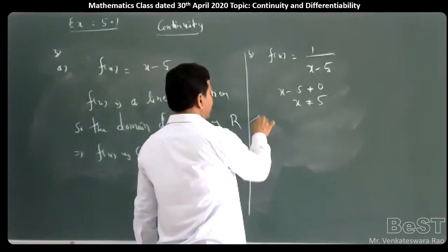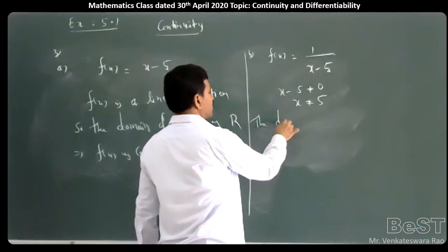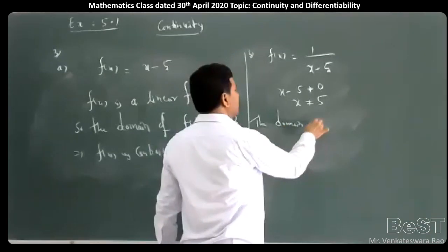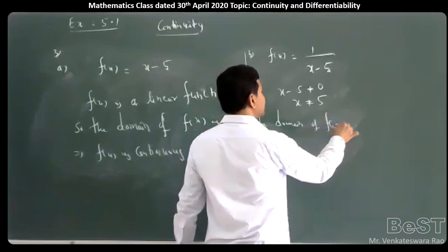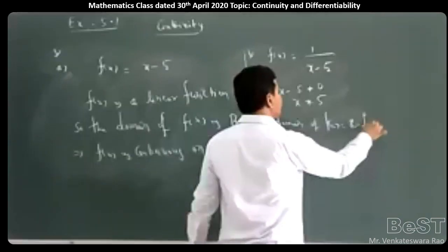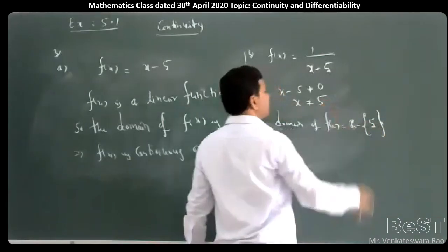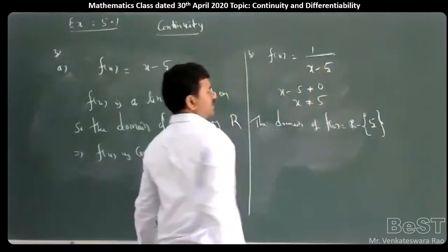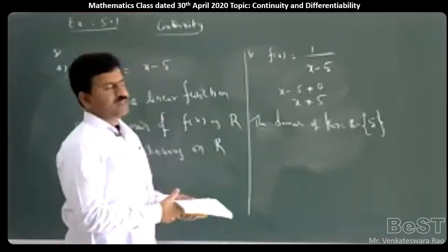The domain of f of x is R minus {5}, eliminating this element. The denominator should not be 0.